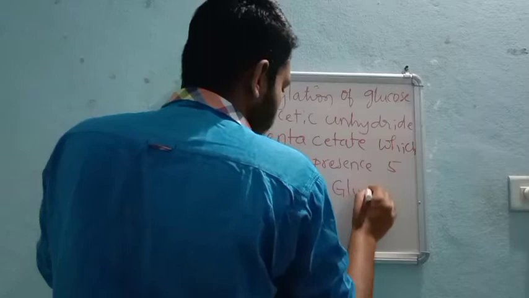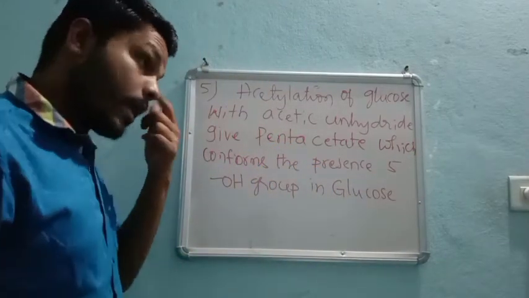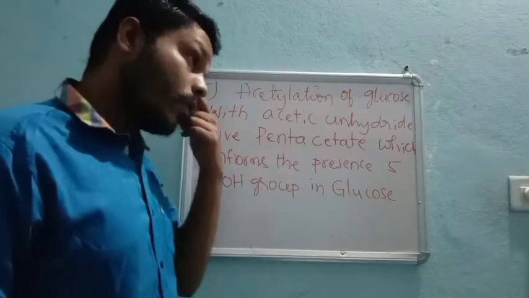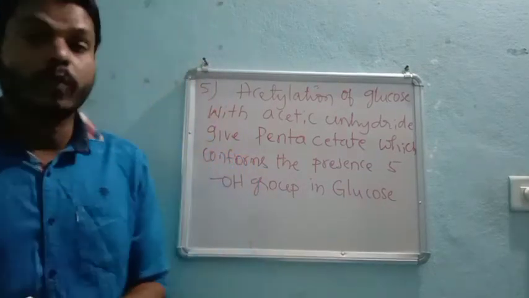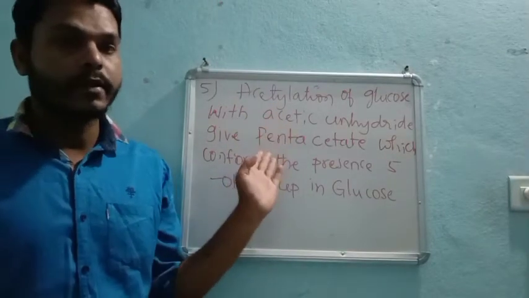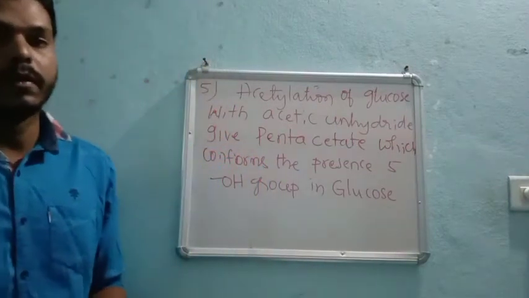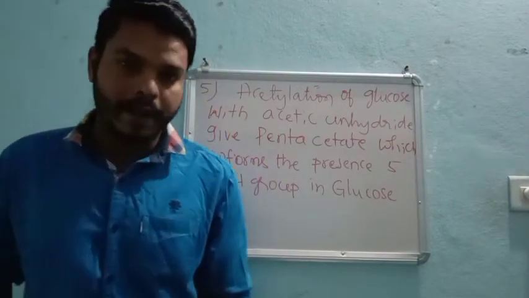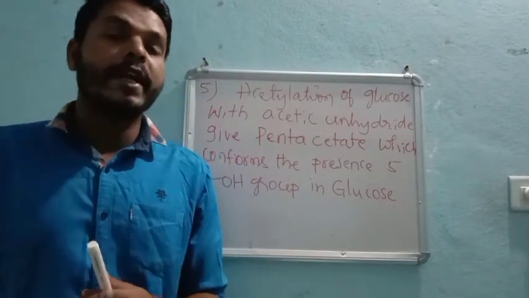Again, these points are very important, right? They will ask you directly, how do you confirm the presence of 5 OH groups in glucose? So you need to explain like this: when we react glucose with acetic anhydride, we will get pentaacetate.